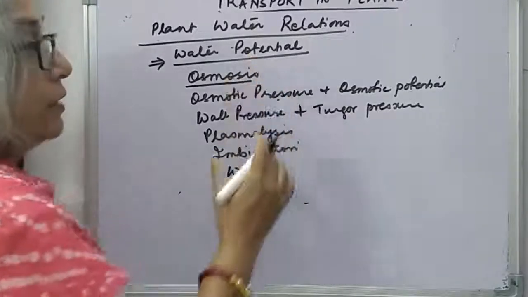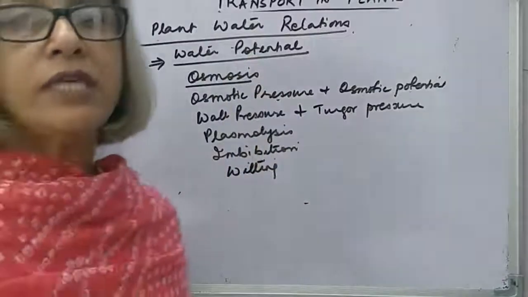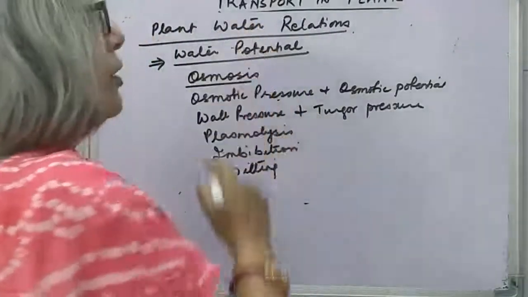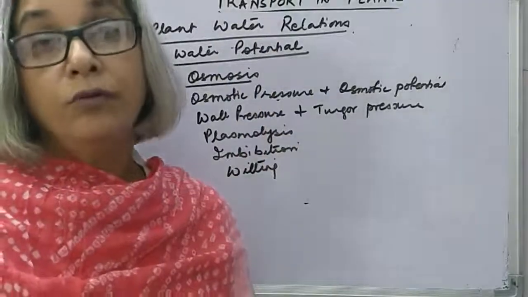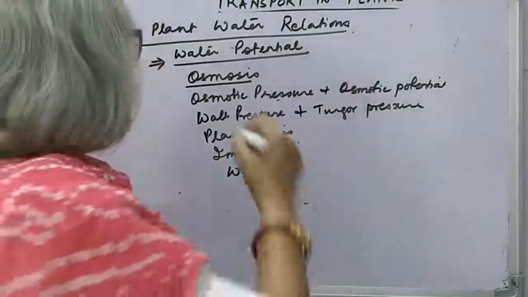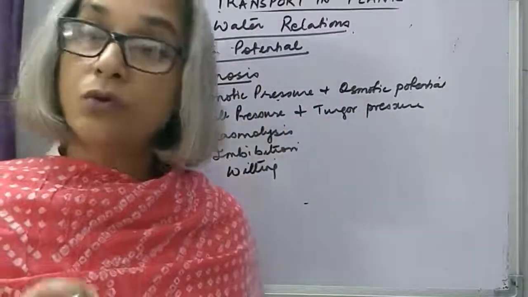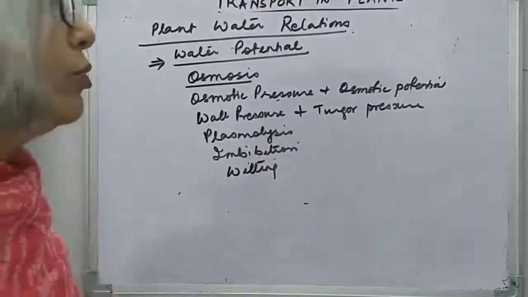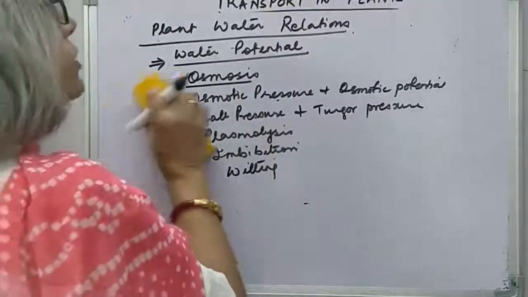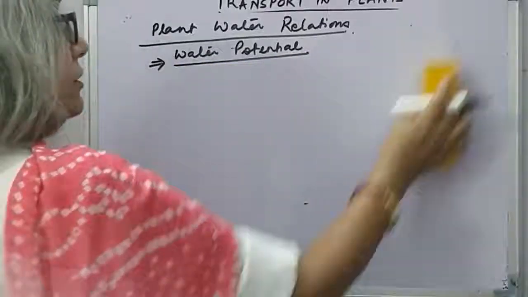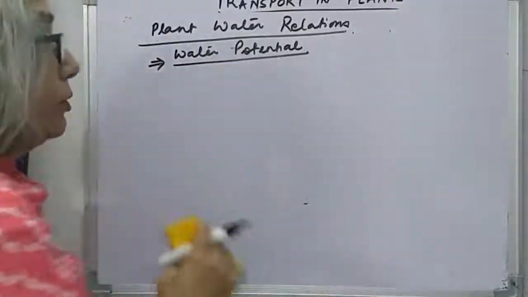So these are a few processes, certain phenomena that take place in the plant for movement of water within the plant. Now coming to all this, you have studied in class 10, so revise from your class 10 book, or it is given in your book, but you just have to have a brief idea about these processes because you have already learnt about them earlier.